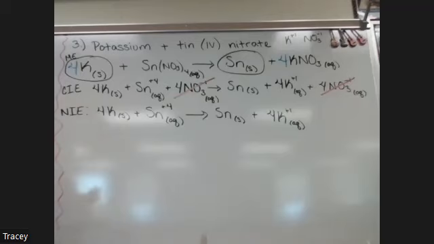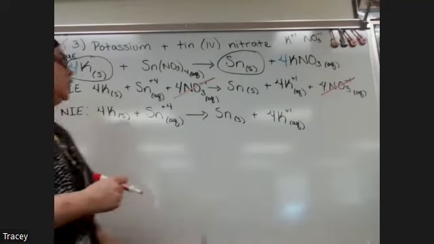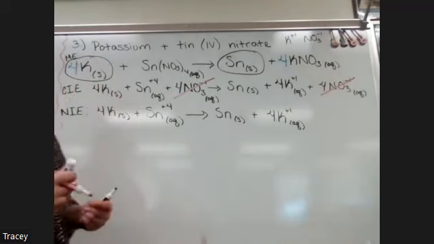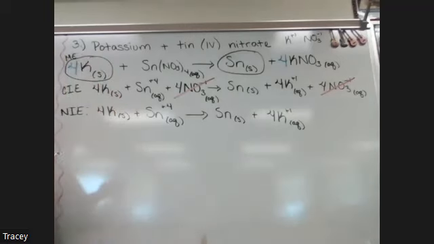Now with single replacement, we do the redox, oxidation and reduction half reactions. Remember yesterday, the half reactions show you how many electrons are involved in the reaction. The way I like to figure out what's been reduced first, and then by default, the other thing has been oxidized.